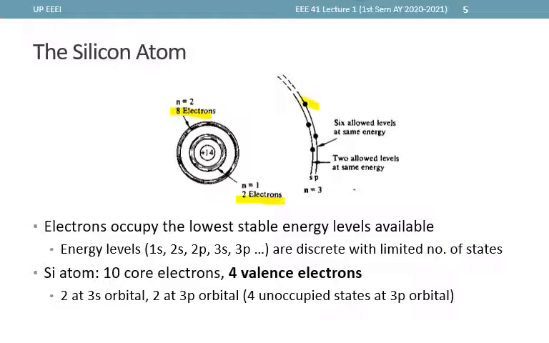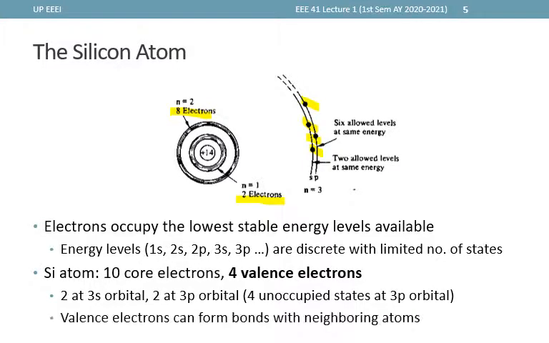So we have here the 4 valence electrons, which are the ones involved in forming covalent bonds with the neighboring silicon atoms to form the silicon crystal. So this depiction of the silicon atom is only applicable when it is isolated and not when the atoms form our crystals.